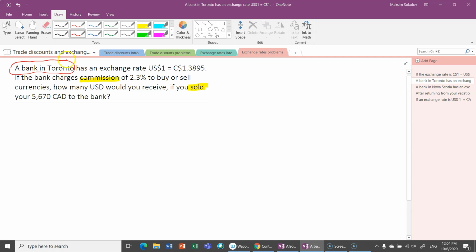Now, why is it important to know where the bank is? Because we want to know what the domestic currency is. So here, let me write this. Domestic currency is Canadian dollars, right?